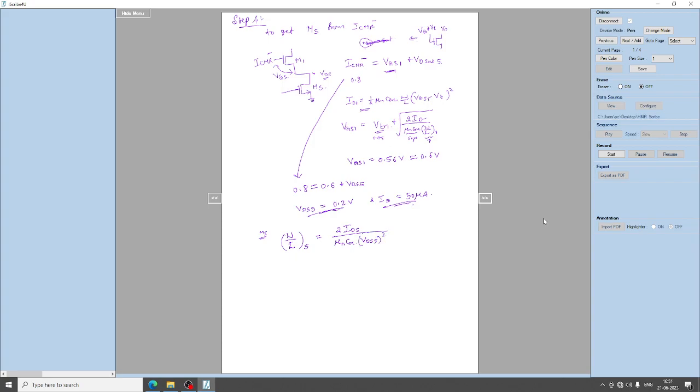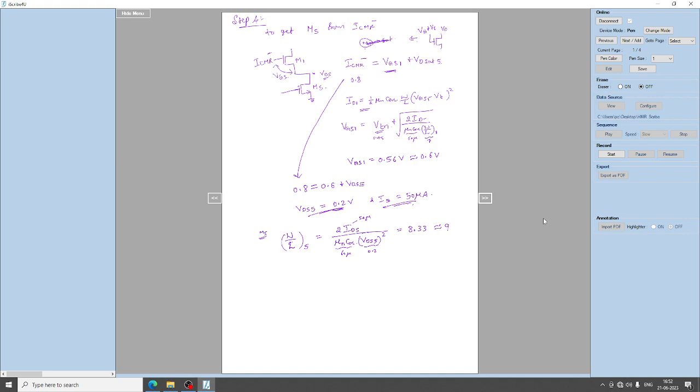So ID is 50 microamps, mu n COX is 60 microamps per volt square, VDS is 0.2, and solving this you will get around 8.3, which you can approximate to 9.